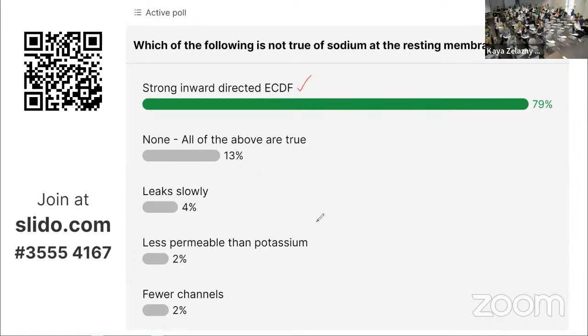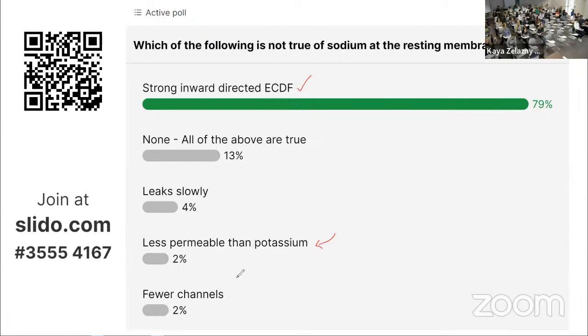We mentioned that the permeability of that membrane makes a difference for sodium. At our resting membrane potential, we don't have very many channels for sodium open, so not much sodium can move, versus potassium can move pretty easily because we have 25 times more channels open for potassium.